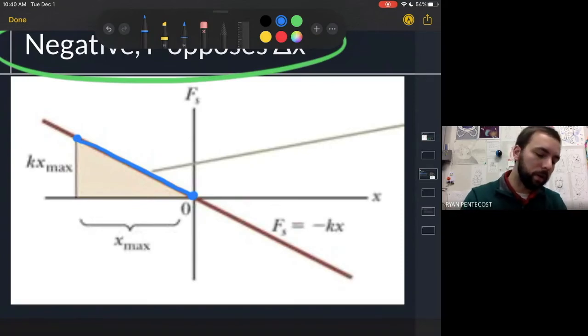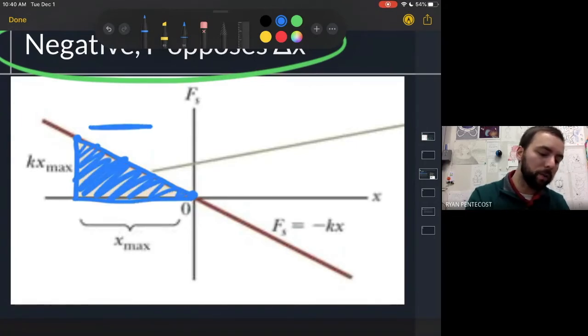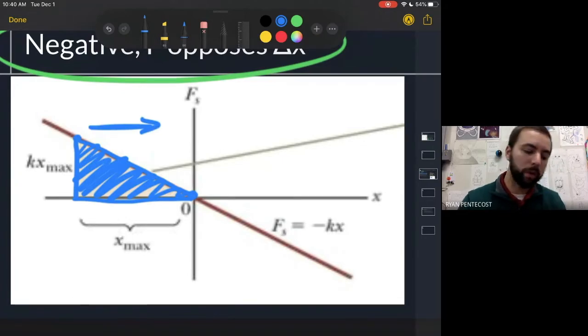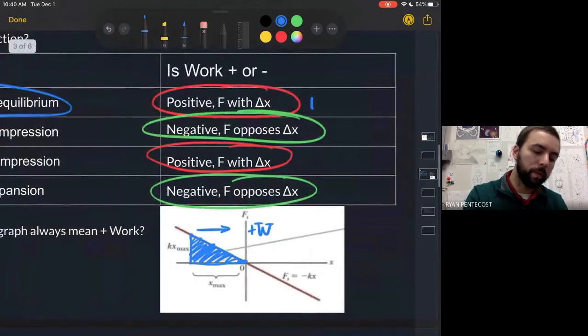Now here you can see that the area under the graph would be a positive area. And we're going from left to right, like you normally do on a graph. This would be positive work because you're going from left to right on the graph and the area is positive. Lo and behold, positive work, right?